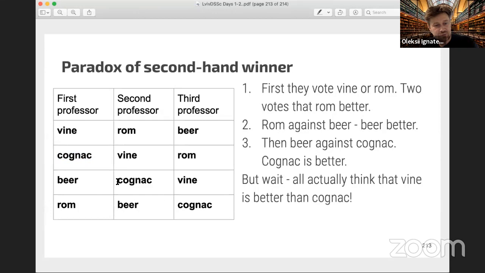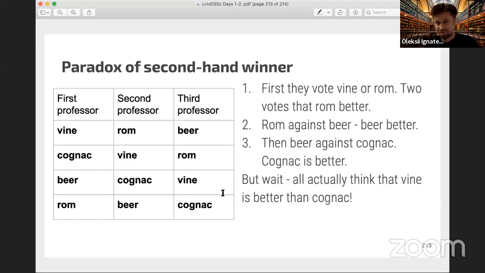So two want cognac over beer. So they go to drink cognac, but all three professors actually think that wine is better than cognac.